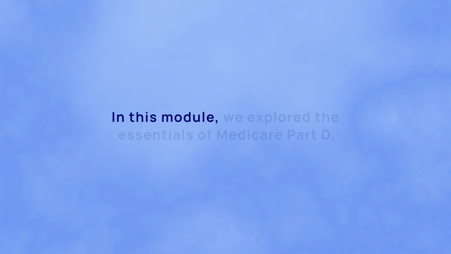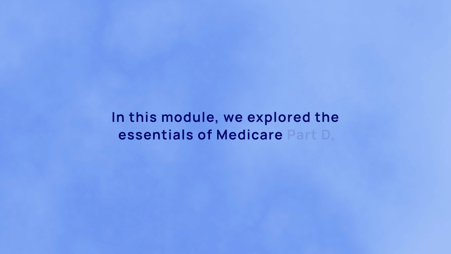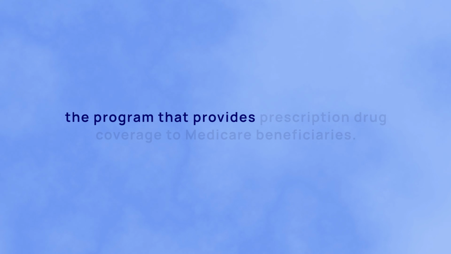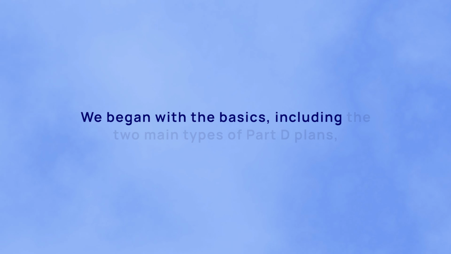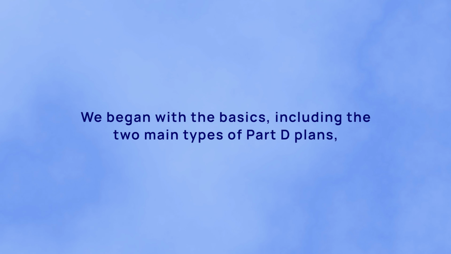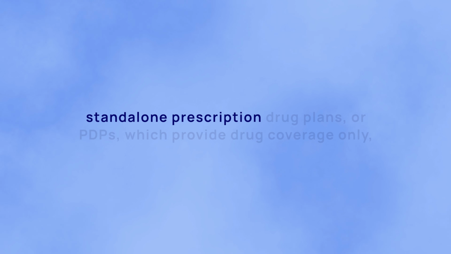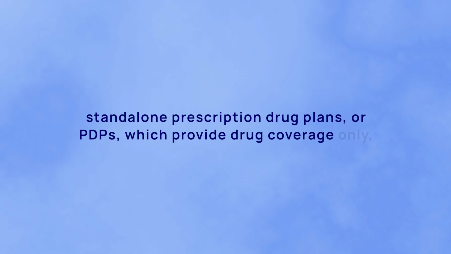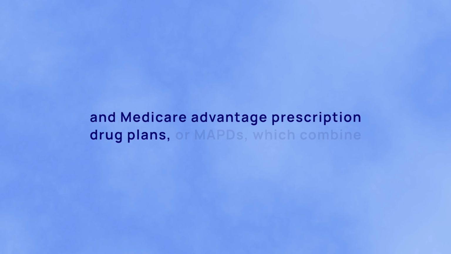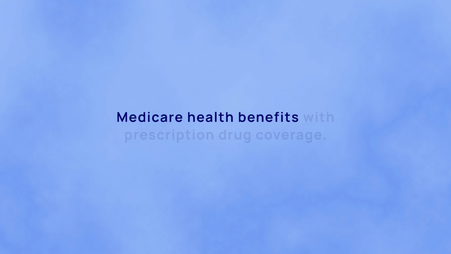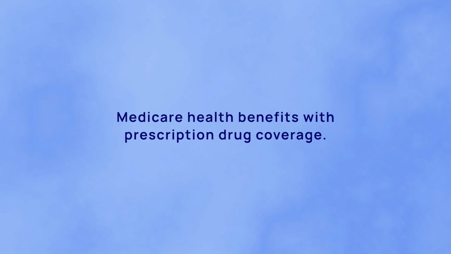In this module, we explored the essentials of Medicare Part D, the program that provides prescription drug coverage to Medicare beneficiaries. We began with the basics, including the two main types of Part D plans: standalone prescription drug plans, or PDPs, which provide drug coverage only, and Medicare Advantage prescription drug plans, or MAPDs, which combine Medicare health benefits with prescription drug coverage.